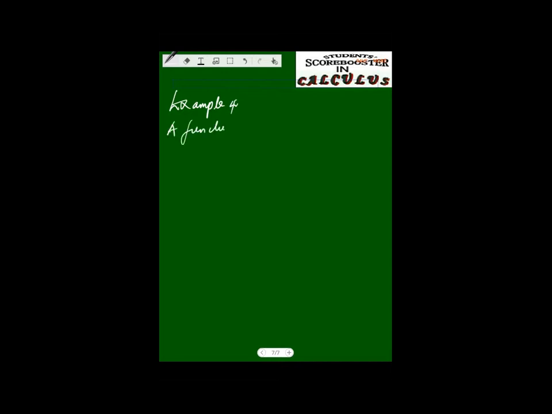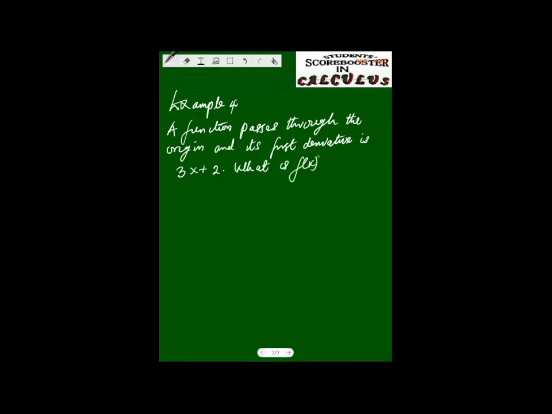A function passes through the origin, and its first derivative is 3x plus 2. What is f of x?